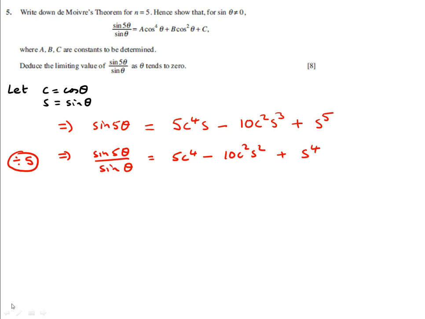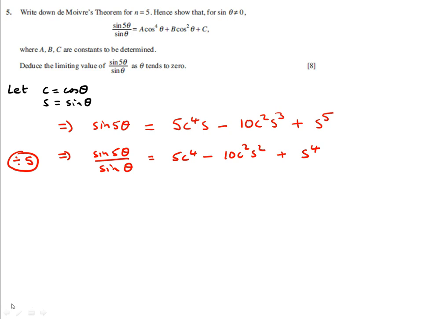Not quite there yet, because we've still got s squared and s to the 4 there, and the target that we're aiming for in the question is that sin 5θ over sin θ should be a cos to the 4 θ plus b cos squared θ plus c. So we've still got a little bit more work to do.